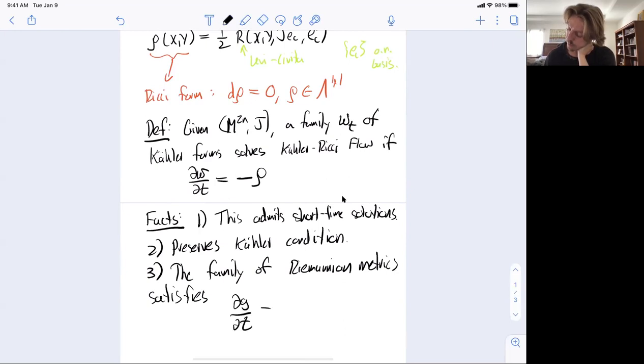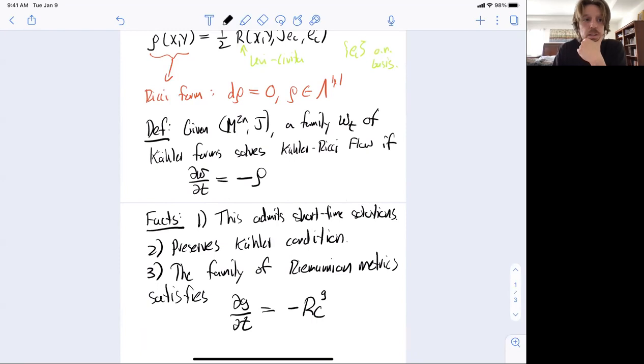So dg/dt, the way I've set it up, is just minus Ricci g. There's this difference of a factor of 2, but this is not so important. You can just scale time and it's okay.